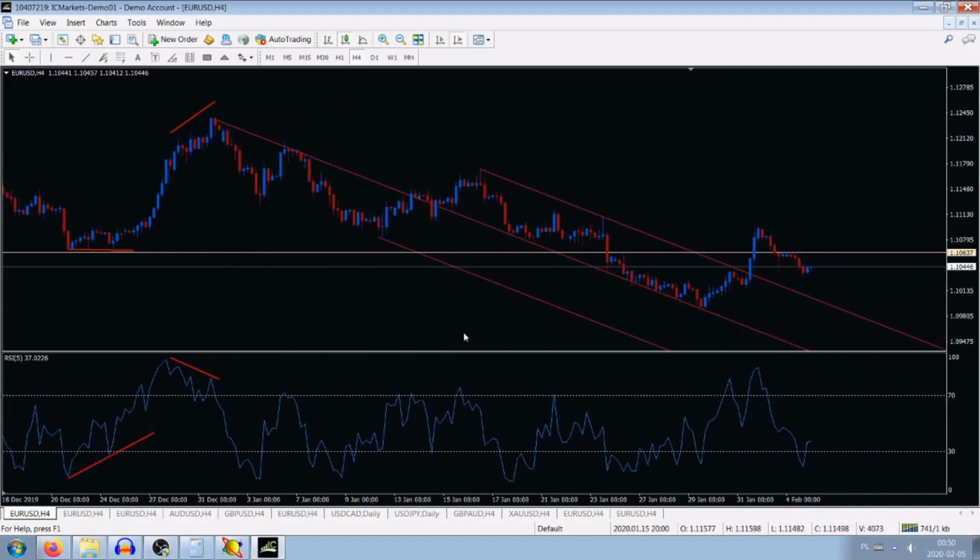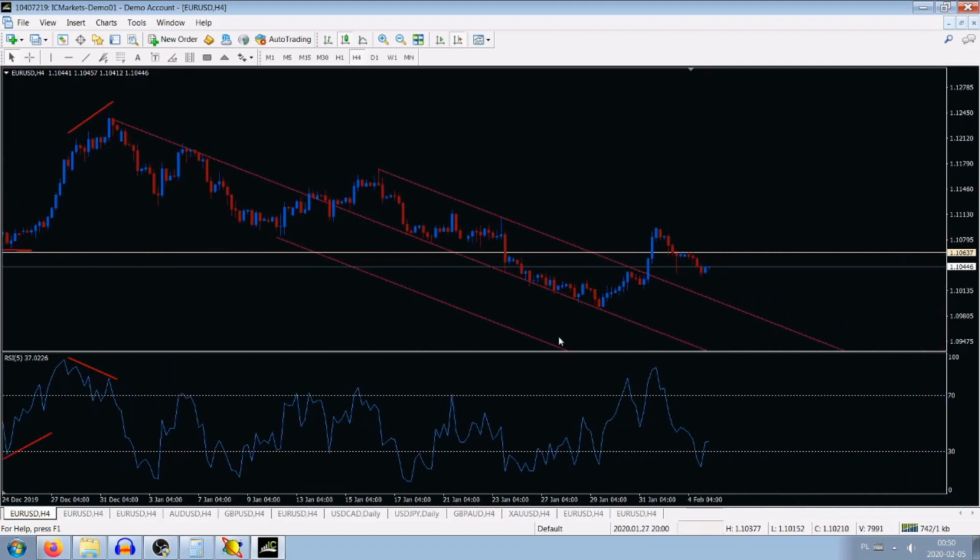And so on. You can try it and you will see as well. For example, here the price was lower than last time, and on the other hand, the indicator stayed nearly at the same level. It's also divergence.